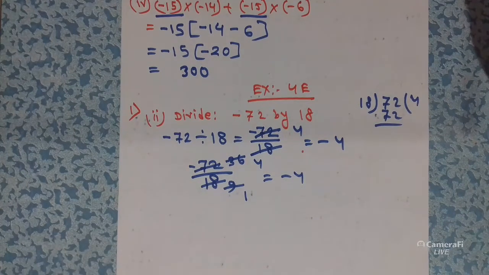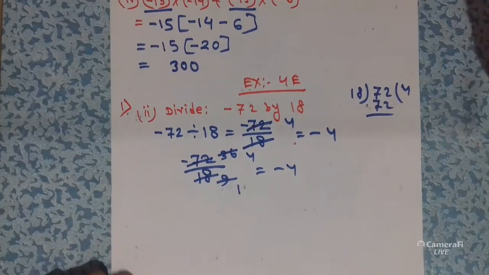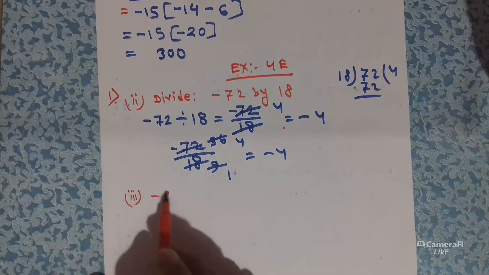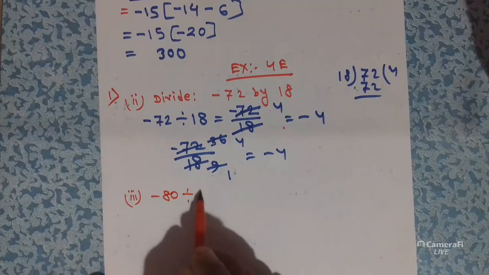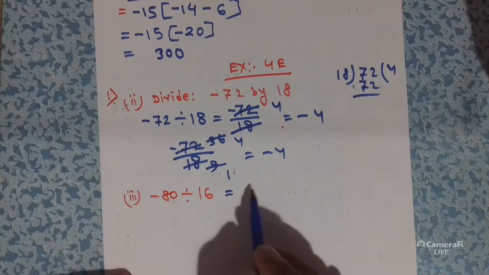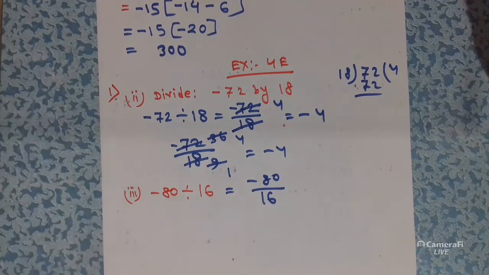Okay, now next is minus 80 divided by 16. So minus 80 divided by 16, we can write it like this, minus 80 by 16. So we can solve it directly, or we can solve it part by part.